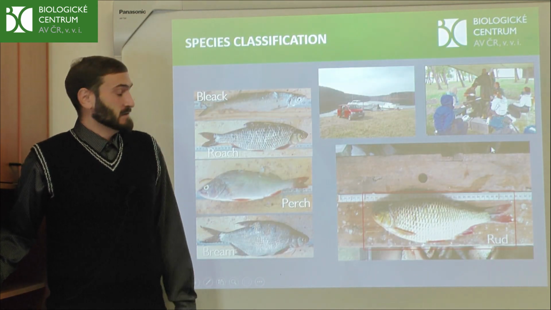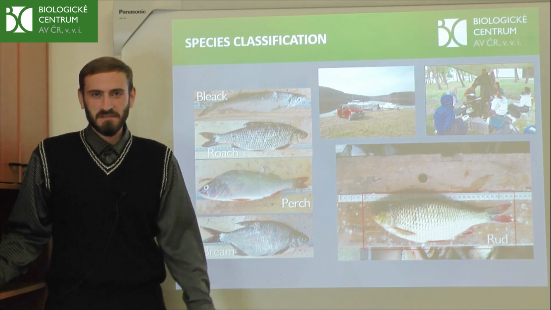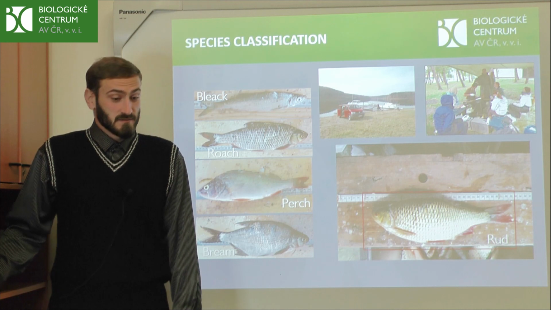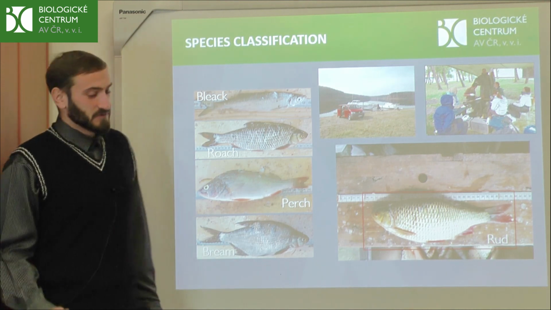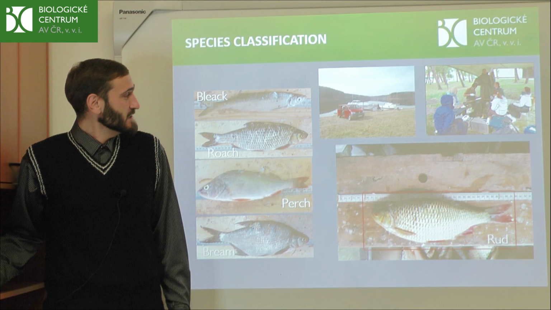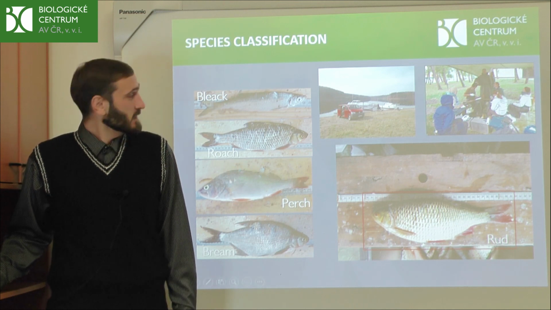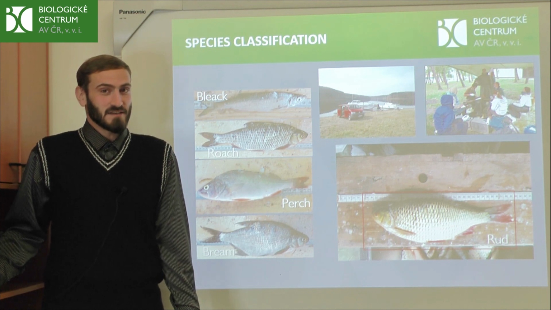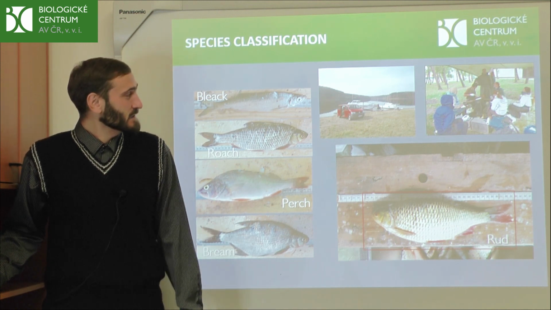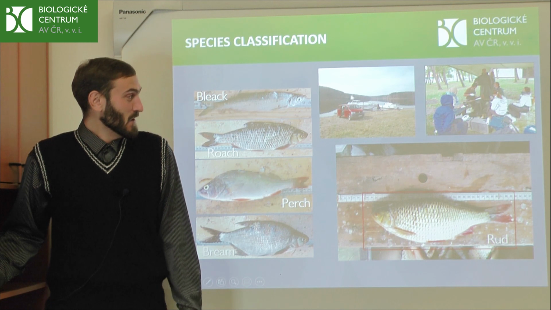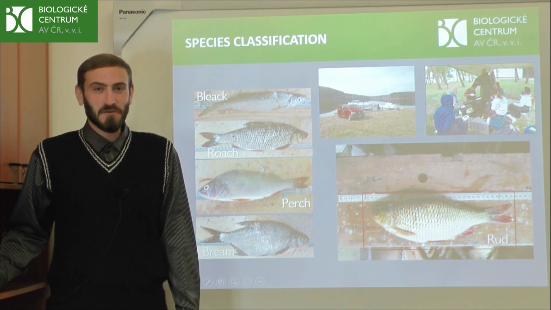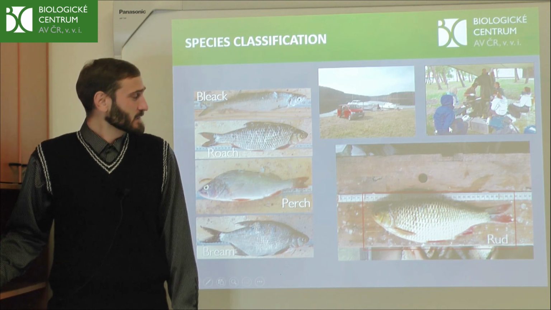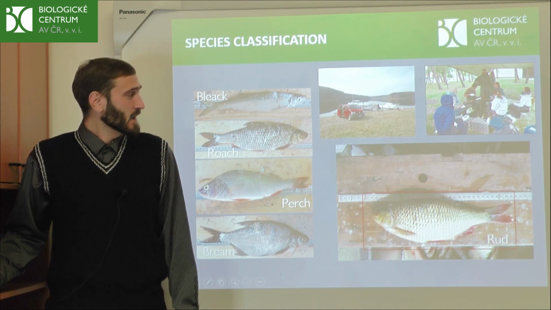Another huge field, as I mentioned, is species classification. Why is it so important? During field work and investigation of the fish fauna in water bodies, we use direct catch methods, and these involve a lot of human power and are not very cost effective.